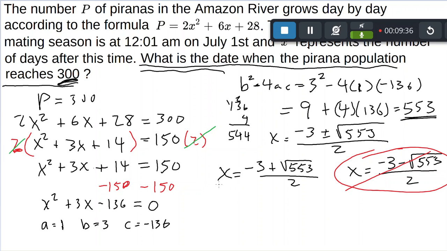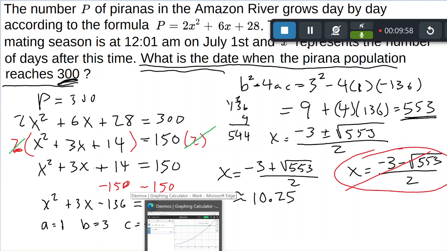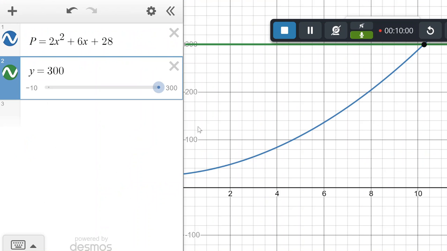So assuming this answer is not negative, which it's not, it's approximately 10 point, I can't remember, 225 or something like that. But I want to show you the graphs so we can see what's going on before we interpret the answer. I plotted the graph ahead of time so we can look at it.